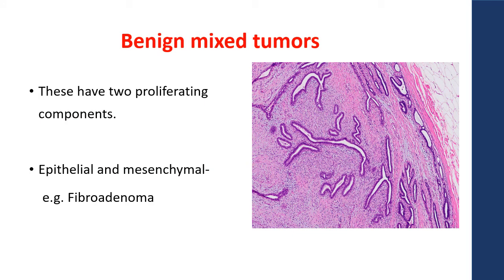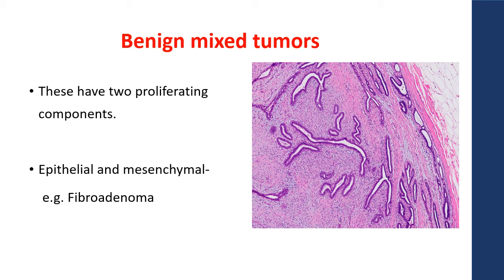The benign tumors may have a mix of epithelial and mesenchymal elements. We call it a mixed tumor. An example of the mixed tumor is fibroadenoma. There is fibro, proliferation of fibrous tissue, and adenoma, proliferation of glandular epithelium.